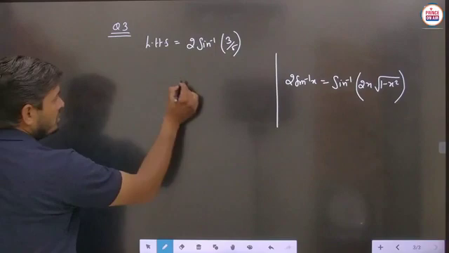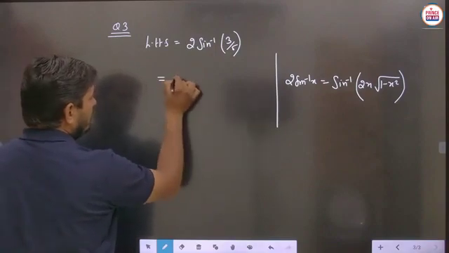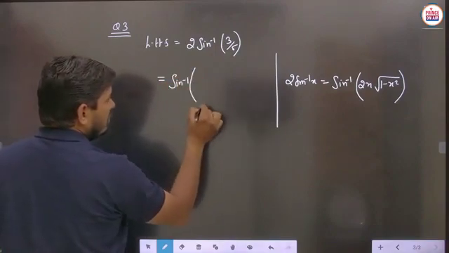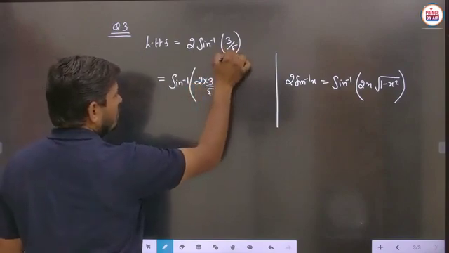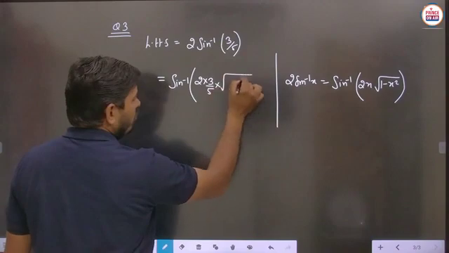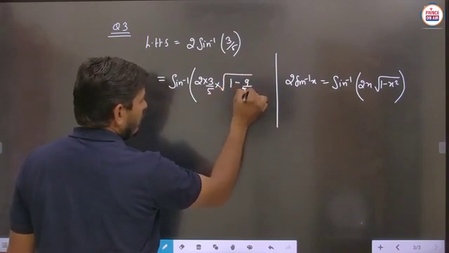So x is 3 by 5, so we get 3 by 5 into square root of 1 minus x square, which is 9 by 25.